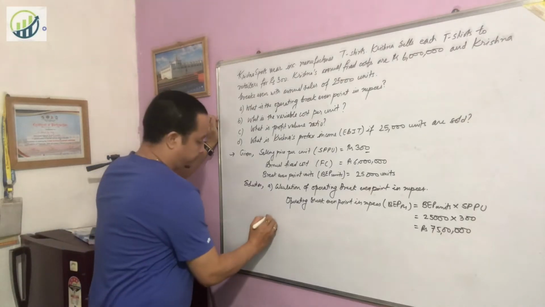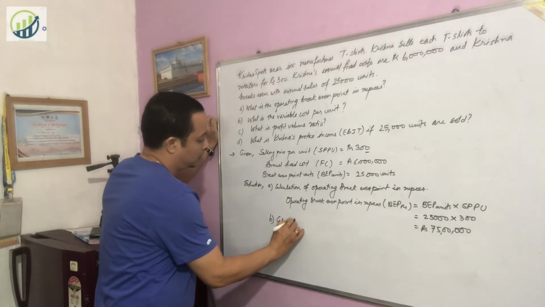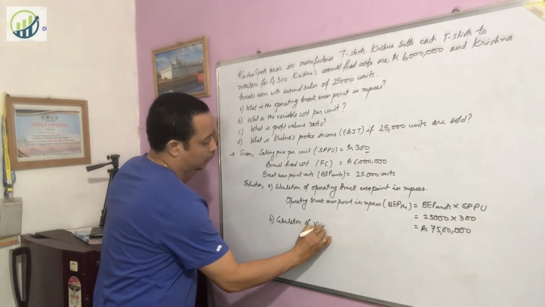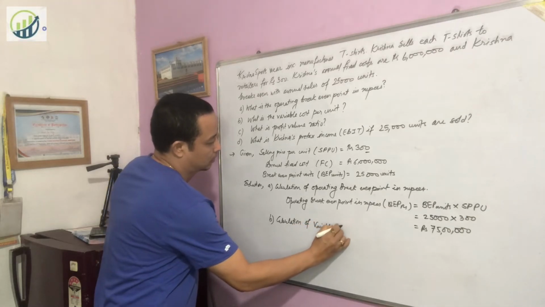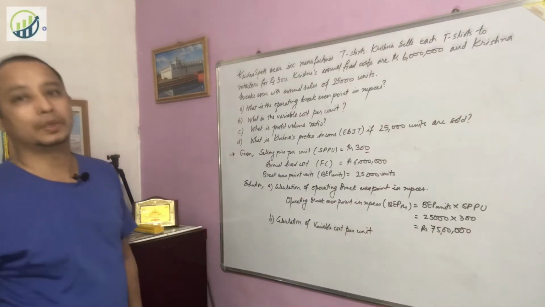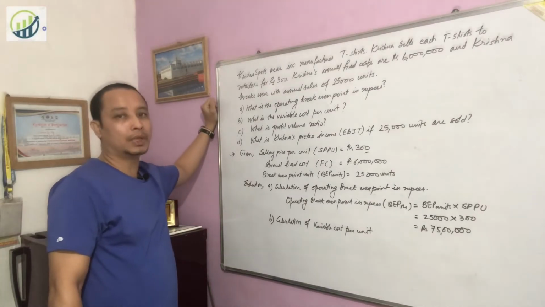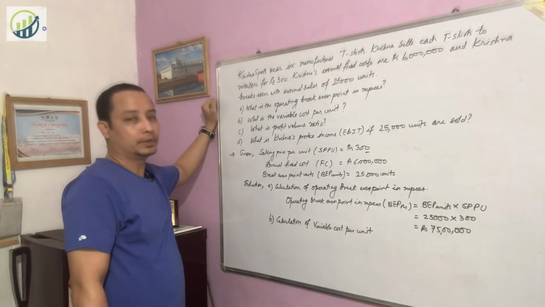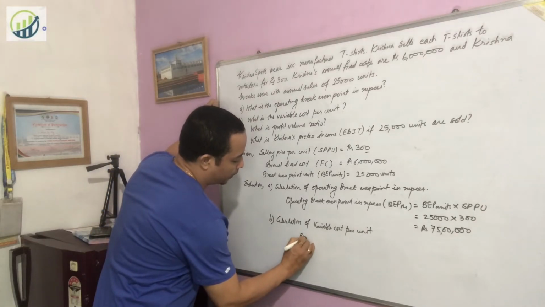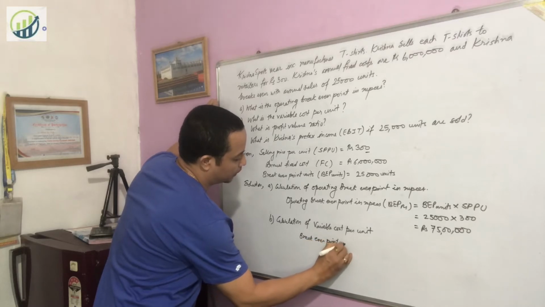So here, calculation of variable cost per unit. To find variable cost per unit, you have to use the break-even point in units.